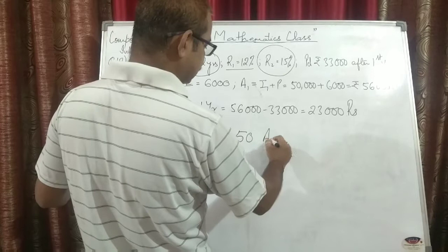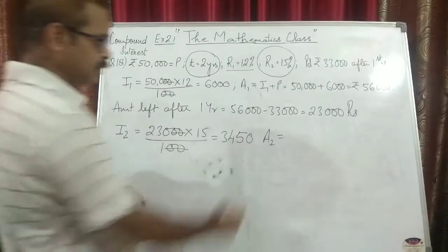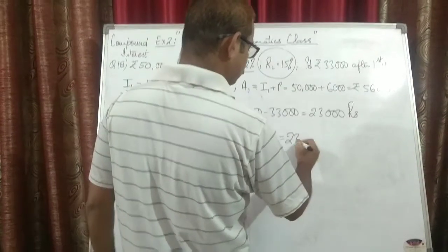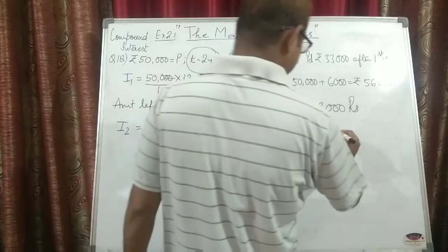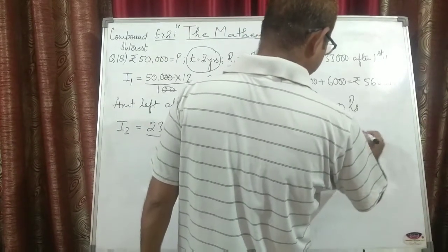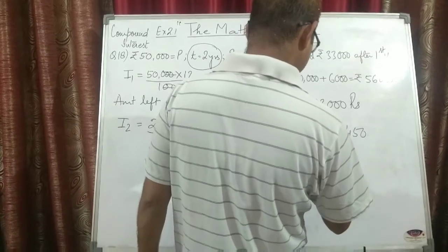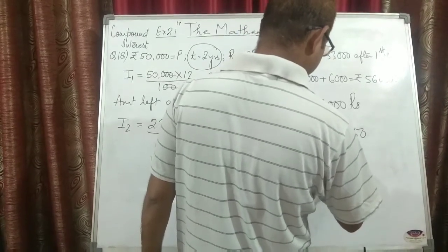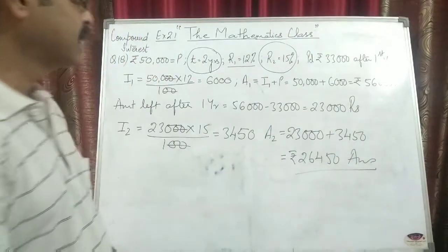So amount at the end of second year will be principal, that was 23000, plus interest, that is 3450. So it becomes 26450. That is the final value.